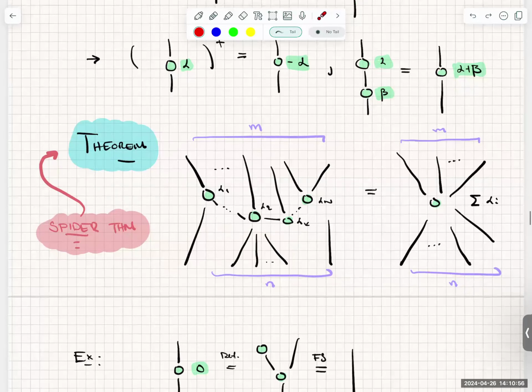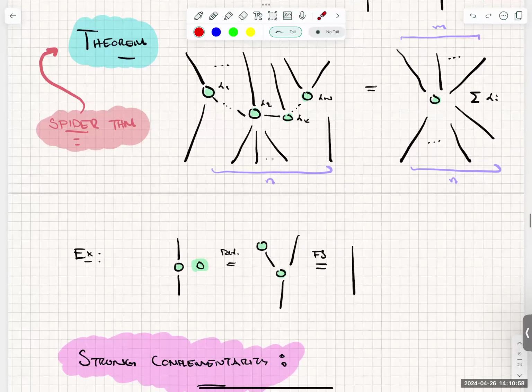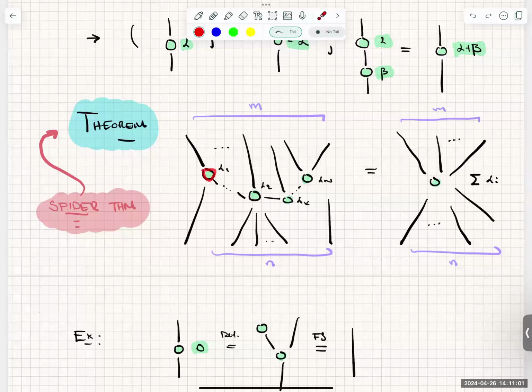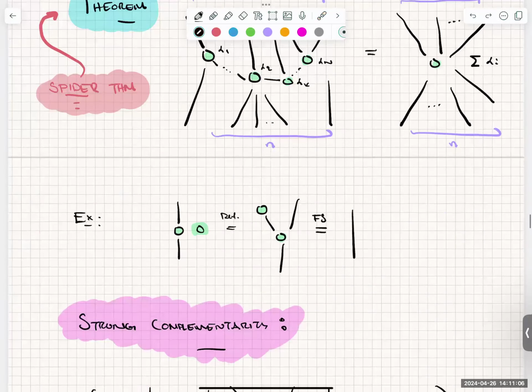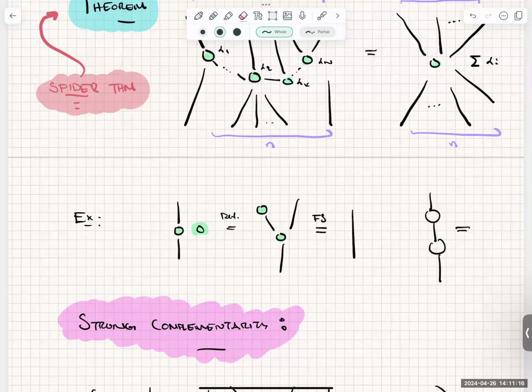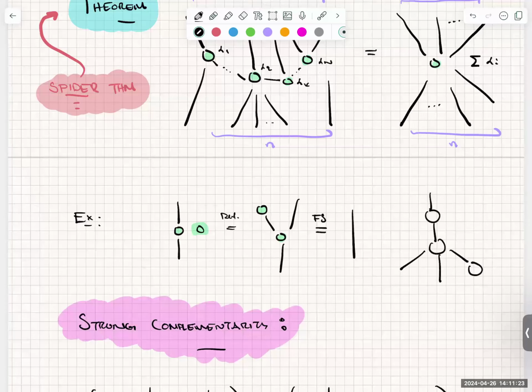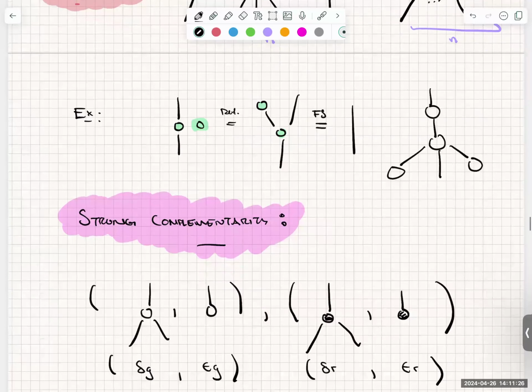What this implies is that the spider theorem tells us that we can combine green dots together. So if I have something like an open circle like this, well, we already know that this one is true, but I can also do stuff like this, and these will all just be more or less like this.